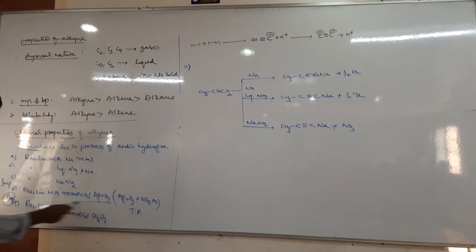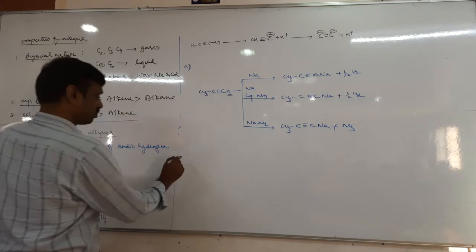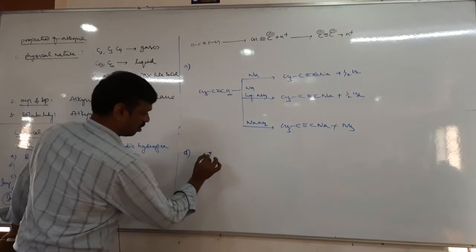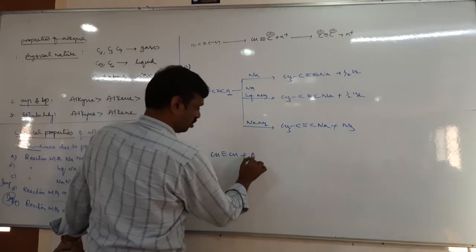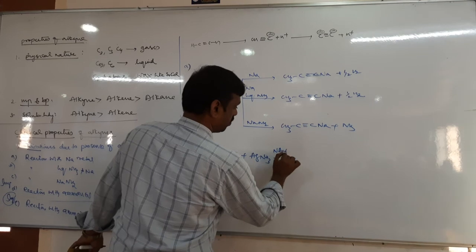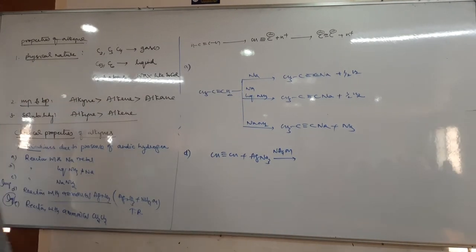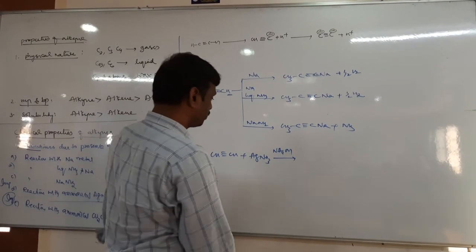Next, reaction with Tollens reagent, very, very important. Let us take acetylene reacting with silver nitrate in presence of ammonium hydroxide, which is called ammoniacal silver nitrate solution. Okay, tell me, acetylene plus ammoniacal silver nitrate solution.